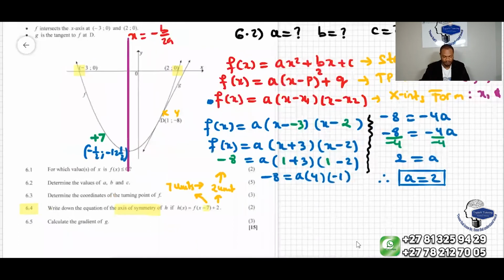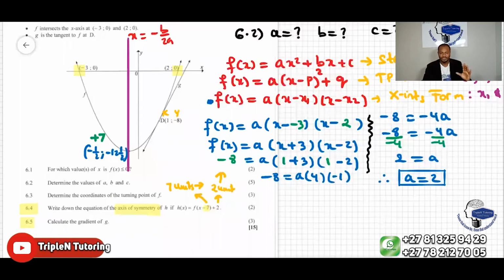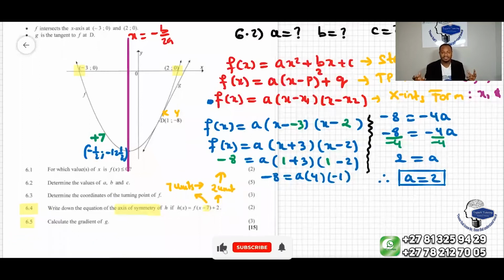Now let's do 6.5. The question says calculate the gradient of g. Now we need to be careful here to know the difference between the average gradient and the gradient of the function. The gradient of a function, actually any function, will be the derivative of that function.